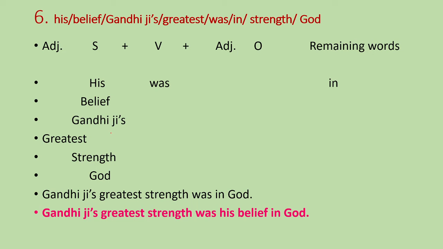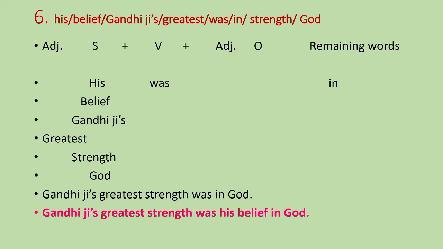So let's see. First we have to choose the subject from where our sentence will begin. So "his", there is no previous reference, so that means the sentence cannot begin from "his". A name, we don't have a name, we have Gandhiji here. As such, any other name is not there. So Gandhiji, we will begin the sentence from here only. Gandhiji's.